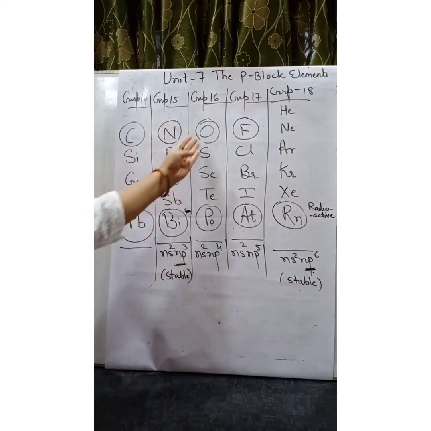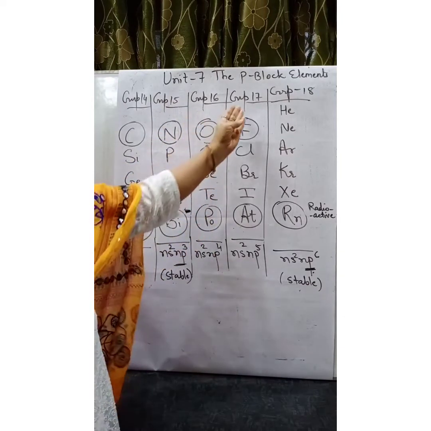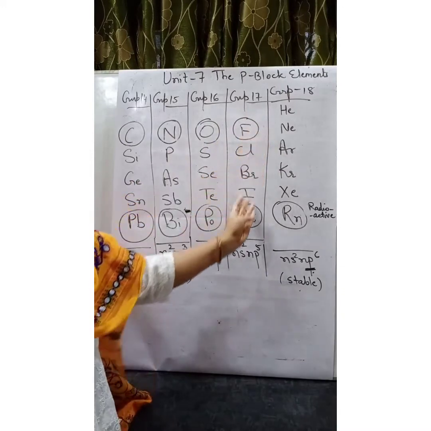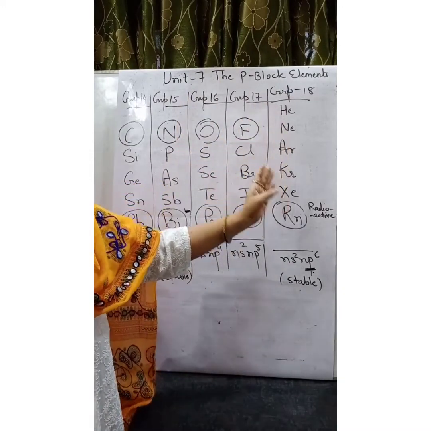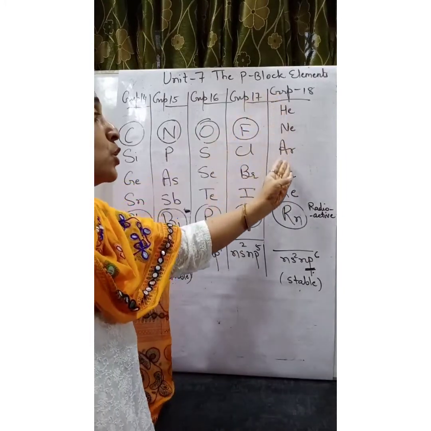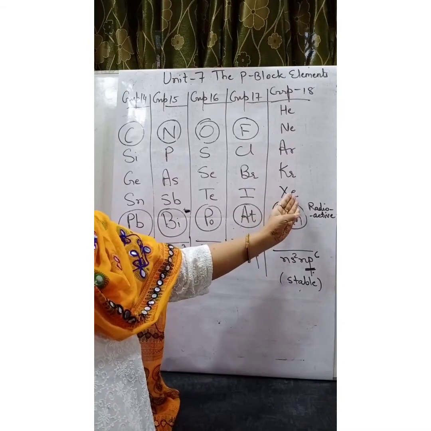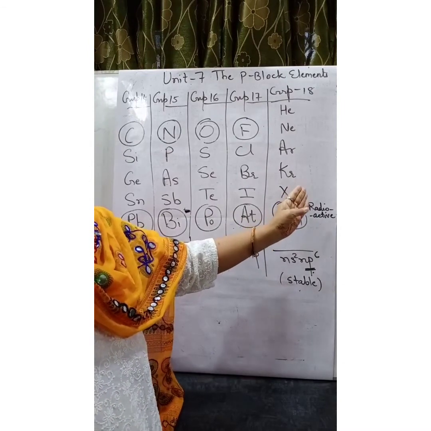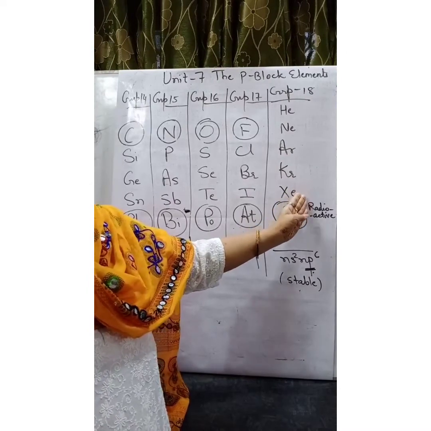If we see all these groups, we find a steady increase in boiling point and melting point as we move from top to bottom in a group. In case of group number 18, there is a low melting point and boiling point because they are completely filled, and due to that they show inter-electronic repulsion.